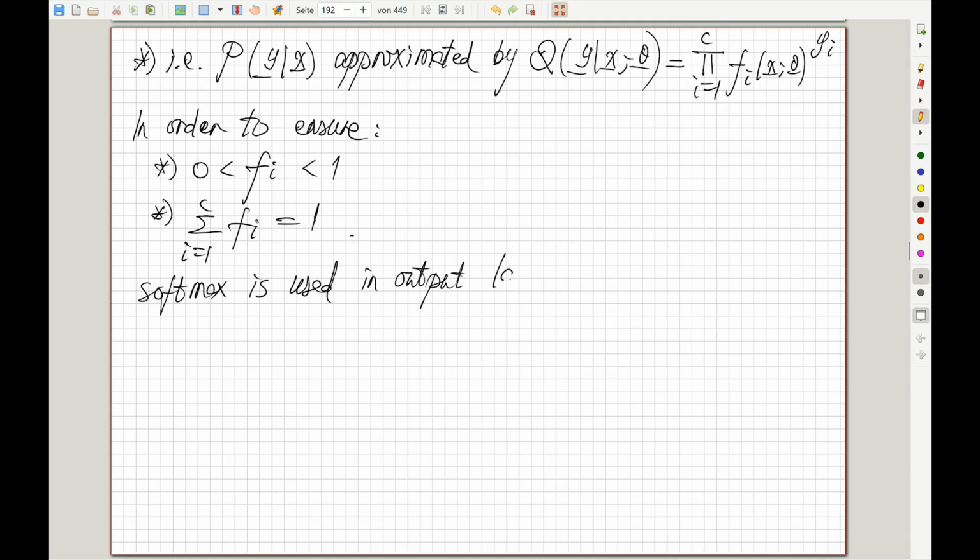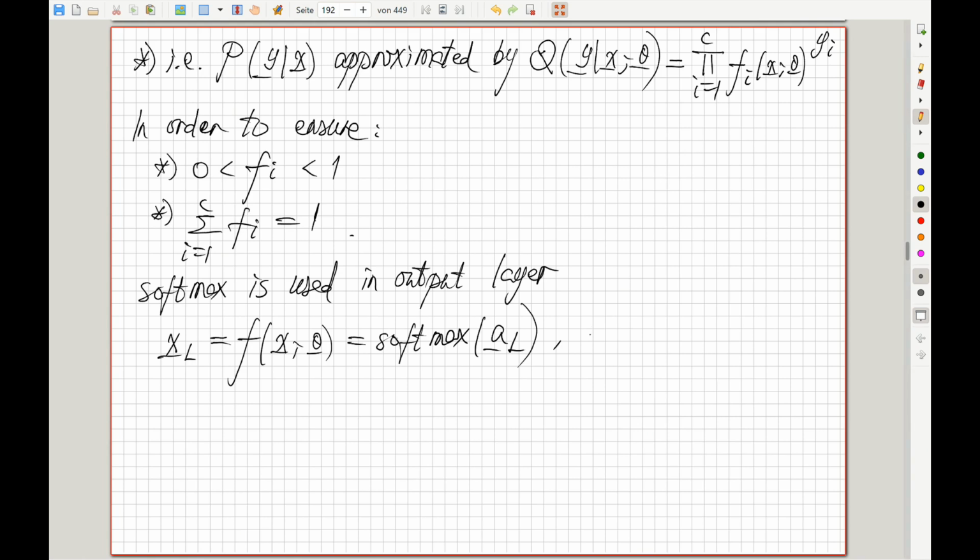Now you know the reasoning for the output layer. So the final output x_L, the overall function f of the input x determined by the parameter vector, is nothing else than the softmax applied to the activation signal in the last, final layer.